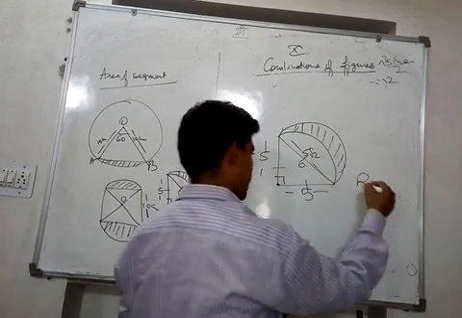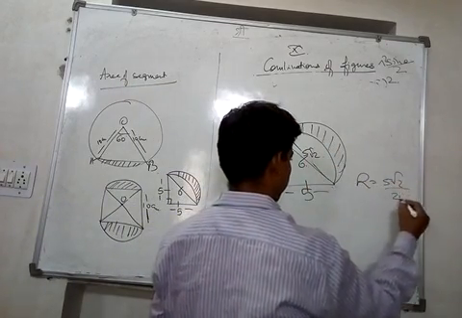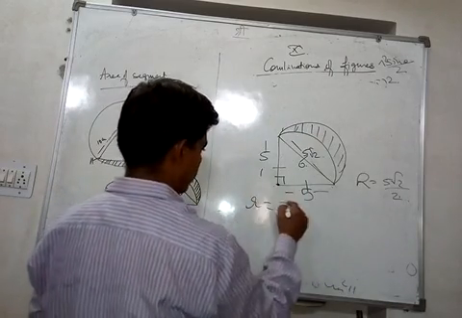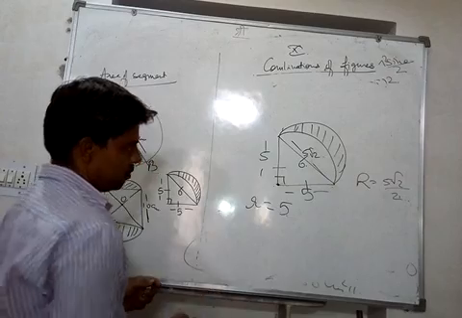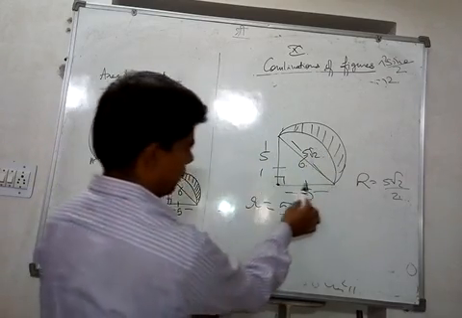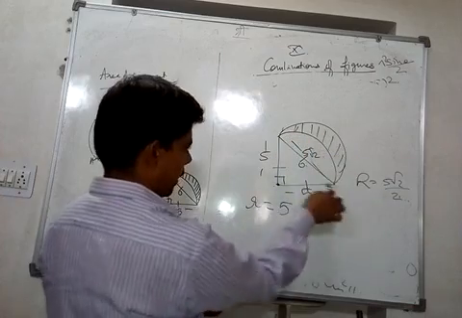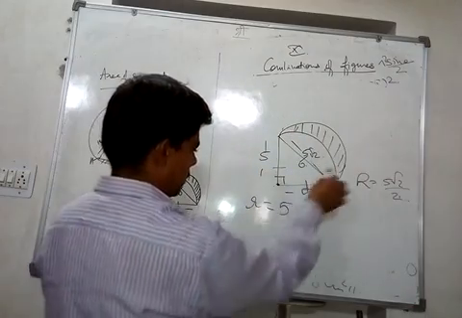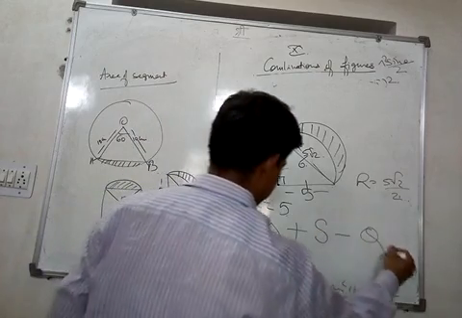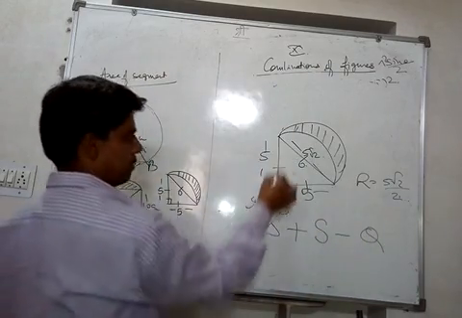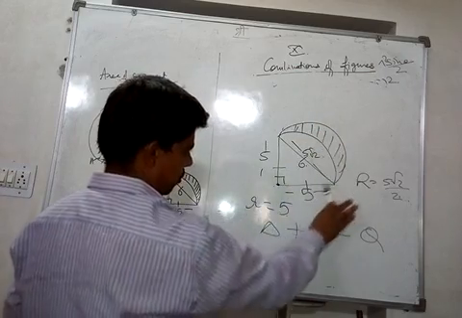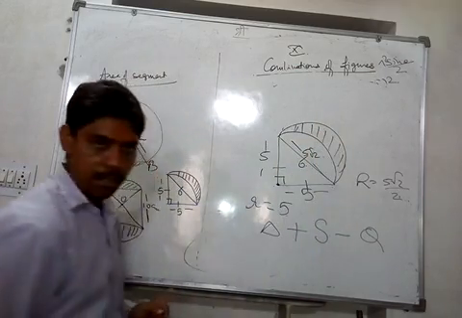So the radius of the semicircle is 5 root 2 upon 2, and the radius of the quadrant is 5. What you will do is subtract the quadrant from the right angle triangle area plus semicircle area. So triangle area plus semicircle area minus quadrant area gives the shaded region.